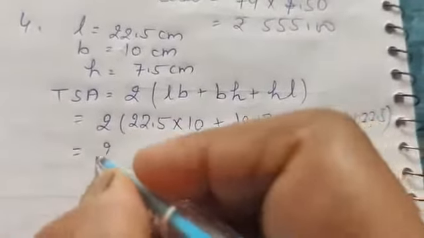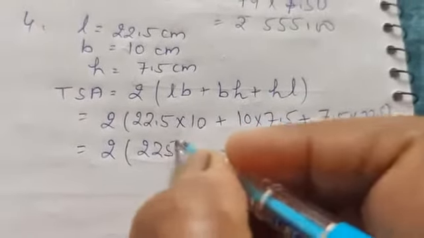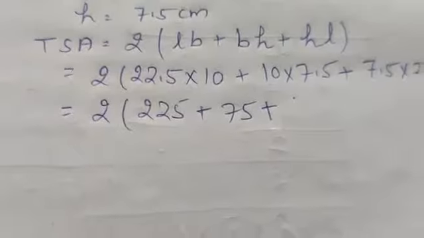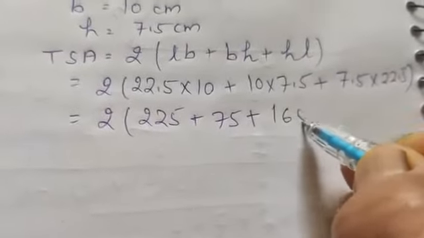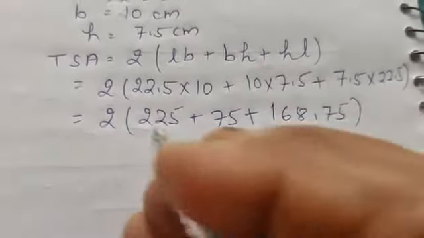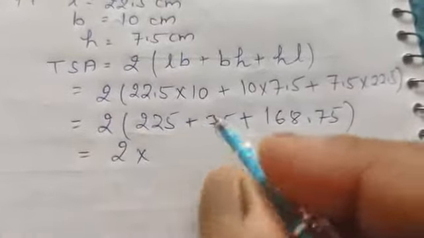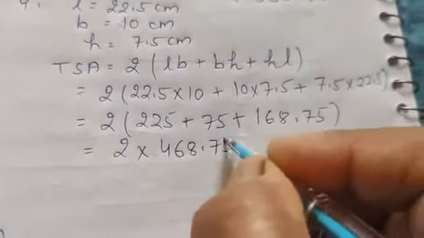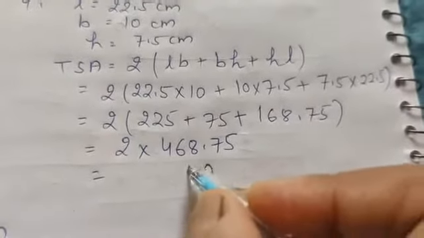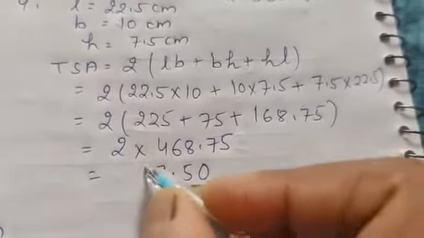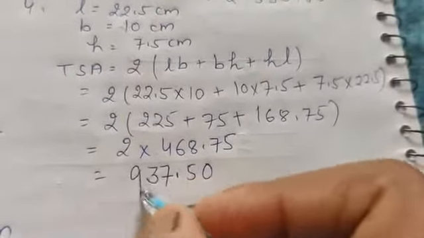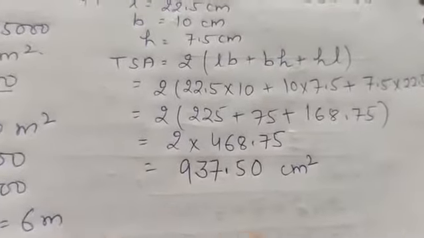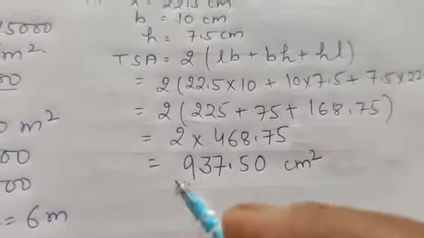Now calculate: 225 plus 75 plus 168.75, which is 468.75. Multiplied by 2, it is 937.50 centimeter square.